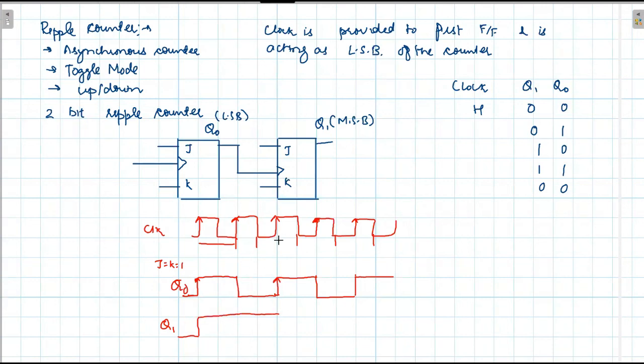Now at this, again JK is high, so this will toggle, and again at the cycle this will toggle. Based on this, your states are 1 1, this is your 1 0, and this is your 1 0, and this is your 0 0.